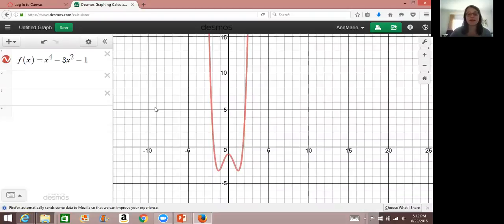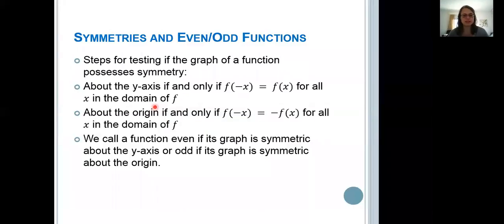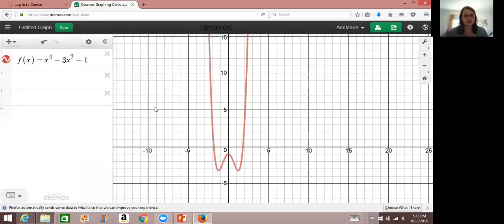If I replace all of my x's with negative x and simplify, I'll get back to the same function. Okay? These types of functions are symmetrical about the y-axis. Now, we aren't going to talk about functions that are symmetrical about the x-axis because those wouldn't be functions, would they? Think about that for a minute. But we are going to talk about functions that are symmetrical about the origin. And let me show you an example of that.